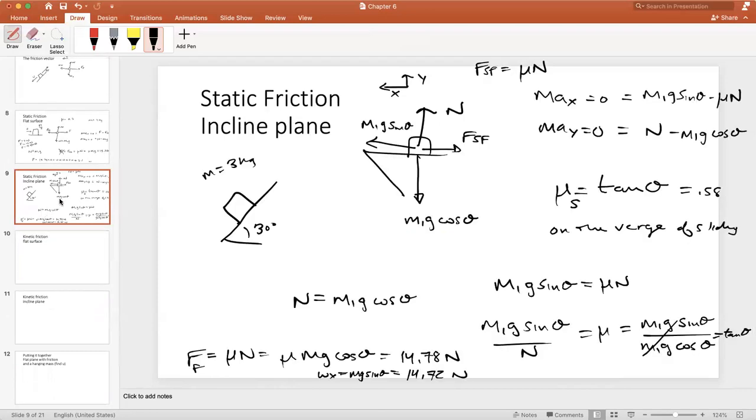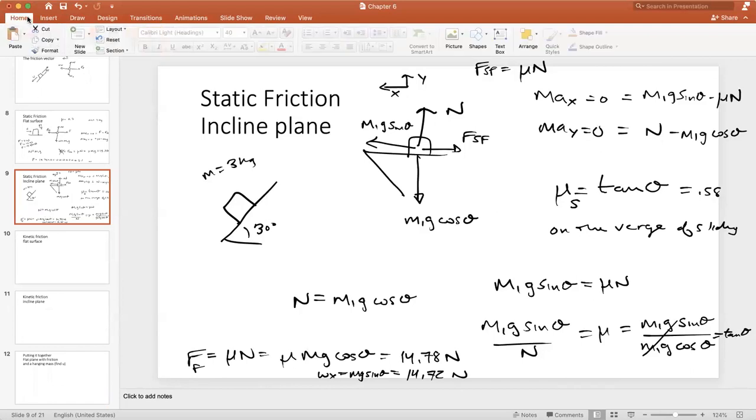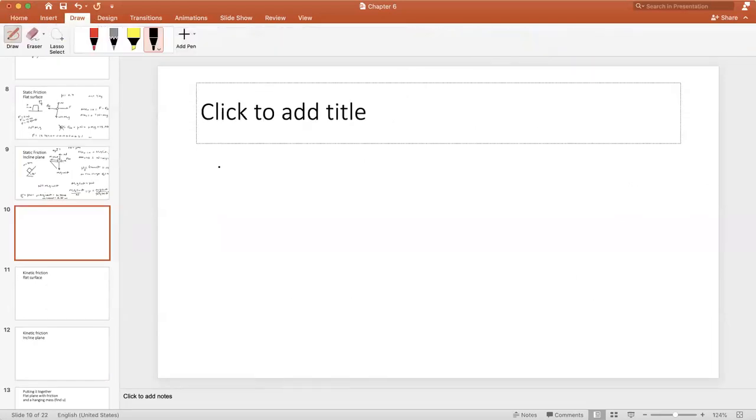So the last thing I want to talk about is this same problem, except I want to do it again with a force on it, because this is actually super important. Same 30, same 3 kilograms, same mass, although now I'm going to have a force. Okay.